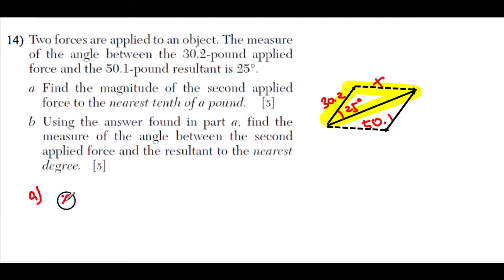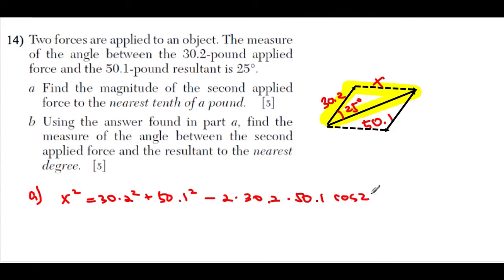So x squared is equal to 30.2 squared plus 50.1 squared, minus 2 times 30.2 times 50.1 times cosine of 25 degrees.